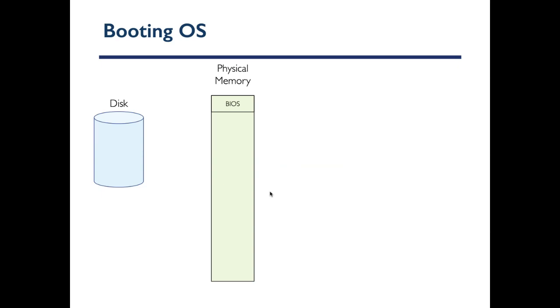This is usually the case: in most x86 systems, you have BIOS that is stored on a very specific piece of hardware called boot ROM. This is a very fast memory. It's small and very fast.